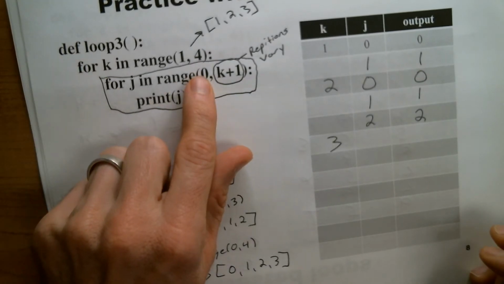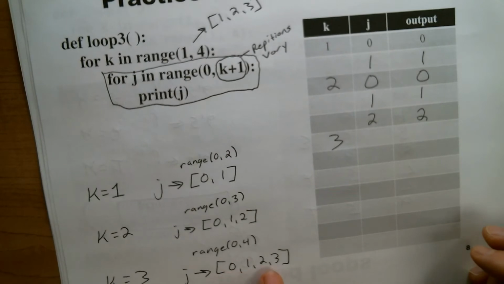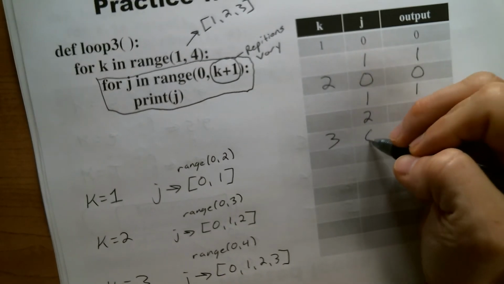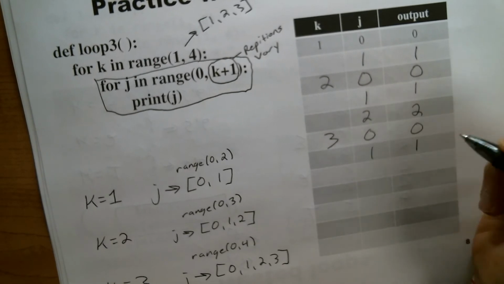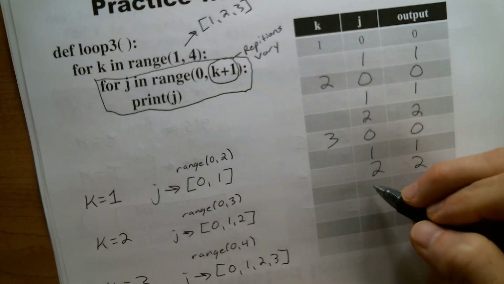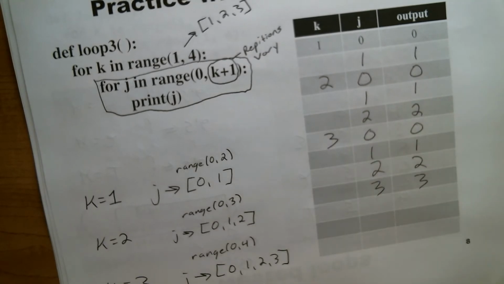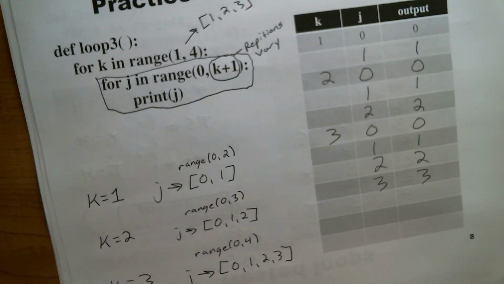So if K is 3, we're going to be doing 0 comma 4, which means we do 0, 1, 2, and 3. So J is going to be 0, and we're going to print out 0. J is going to be 1. We're going to print out 1. J is going to be 2. We'll print out 2. J is going to be 3. We print out 3. And then that brings us to the end of these loops.